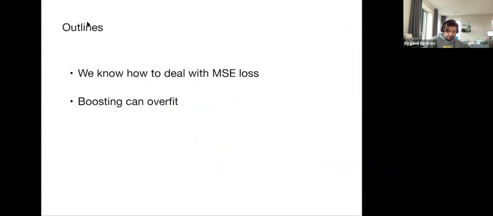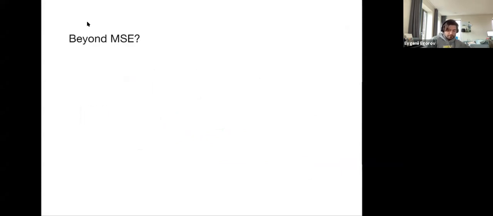Okay, let's go further. This simply outlines that we know how to deal with MSE loss. We know that we can overfit. So then we should go somehow beyond MSE. And we would like to keep the same procedure, where we only modify the target and use the basic fit methods for any models that we would like to use as base learner. So what does beyond mean? Well, the first example that we would like to have is to solve classification problems.